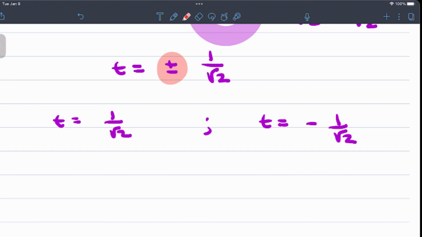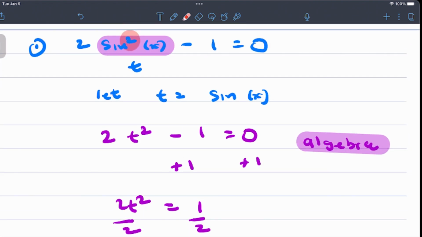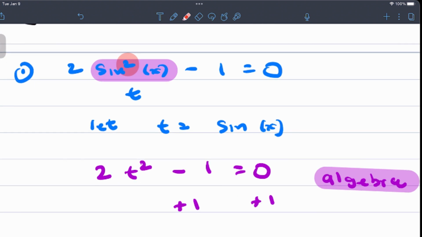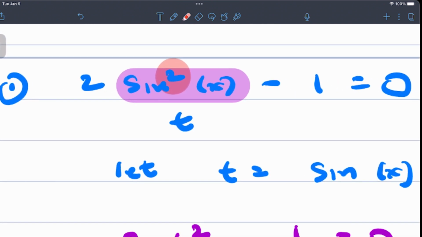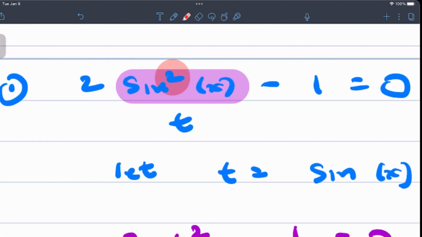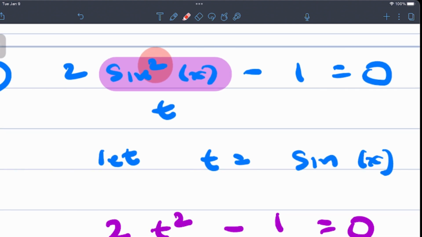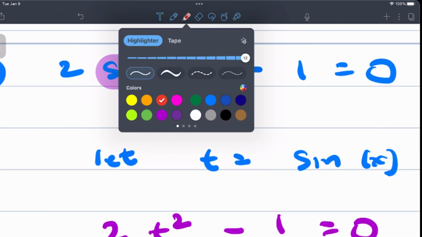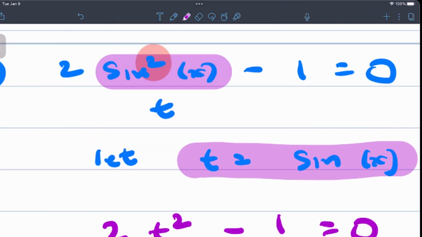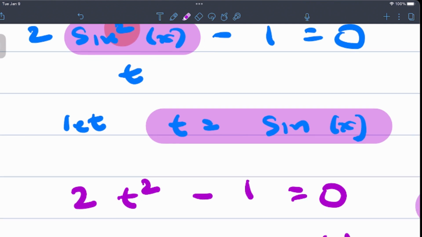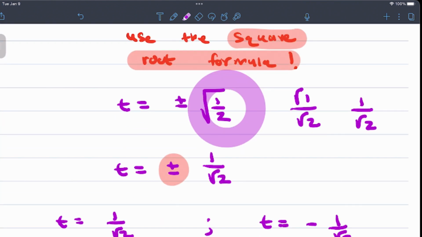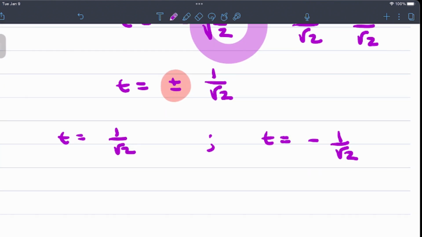Okay, so what was t to begin with? Do you guys remember? Right? We're trying to solve this 2 sine squared minus 1. You're going to use a substitution where t is what? We let t be what? T is going to be sine, ladies and gentlemen. So now you say, but t was sine. Yes, t is sine here.